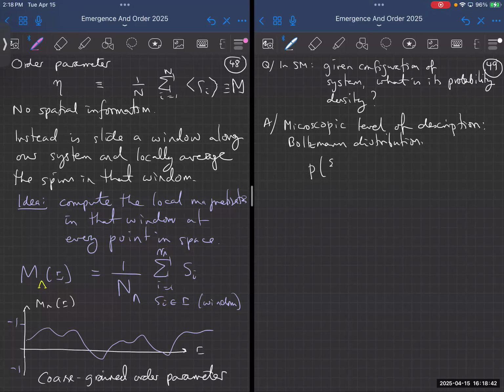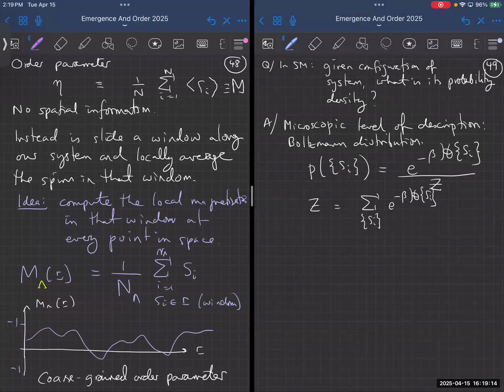So P of s_i, you tell me all the spins, up, down, up, down, up, up, up, up, whatever, 10 to the 23 of these things, then we know the answer to that is e to the minus beta times the Hamiltonian of the system divided by the partition function. And as we said before, that's way too much detail, so we don't really want that. But in principle, there it is.